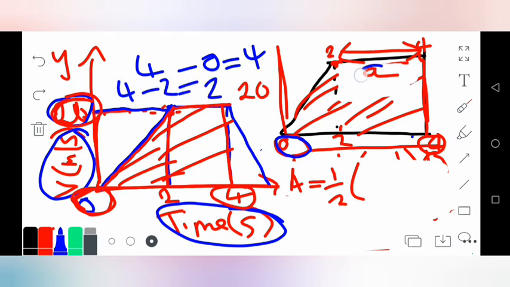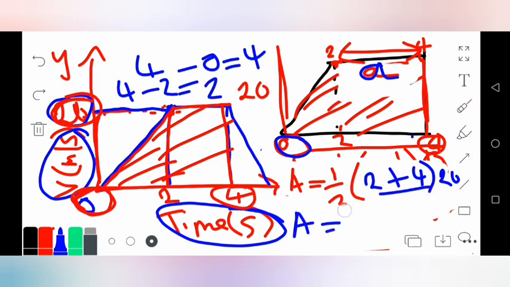So this is going to be 2 plus 4 for the base, then our height is 20. Now you start with the bracket. This is 6, so half multiplied by 6 multiplied by 20. Let me just erase this part now.